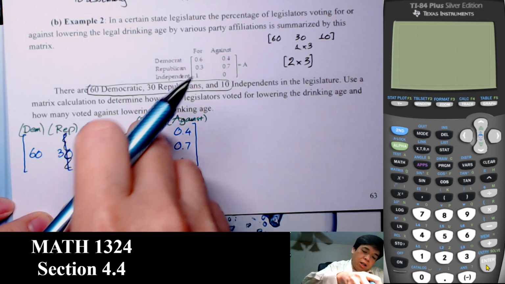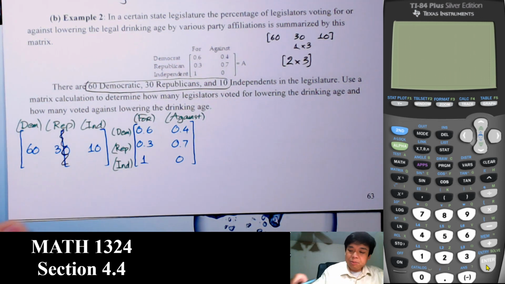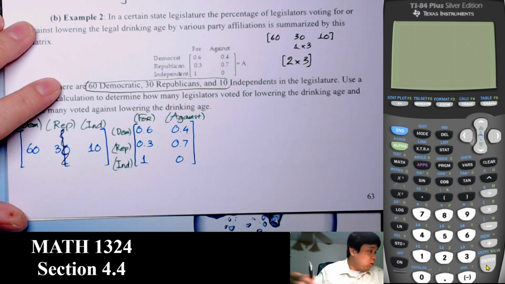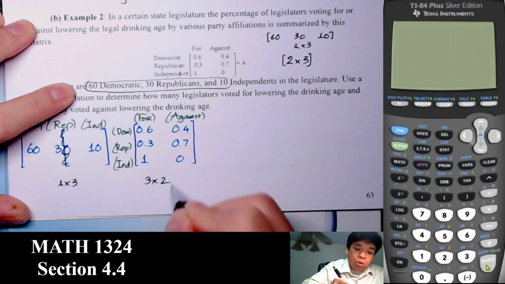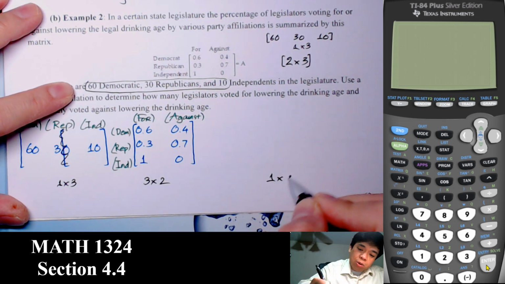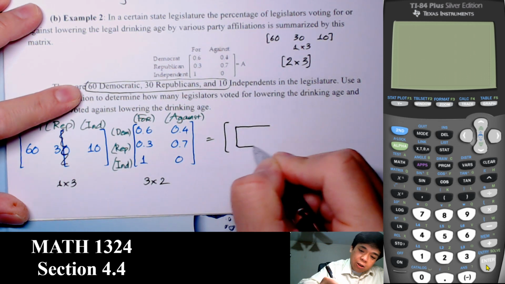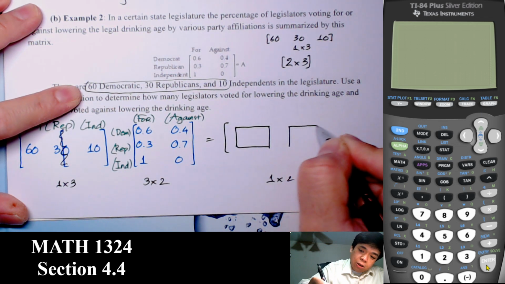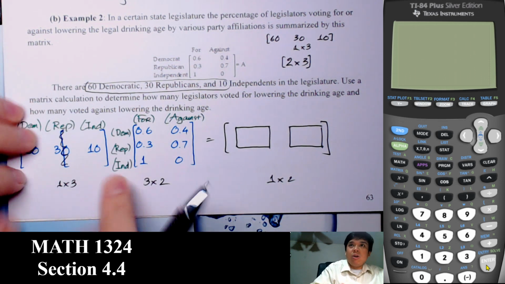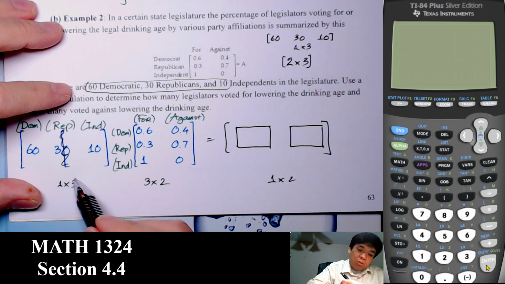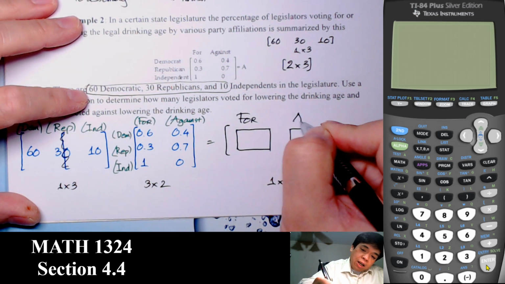So when we multiply like this, row times a column, row times a column, so that makes sense, right? So check the dimension. This will have a 1 by 3, 3 by 2. When we multiply, we have the 1 by 2. So this and this category match and almost cancel. That we have 1 by 2. At the end we just have for, and against.